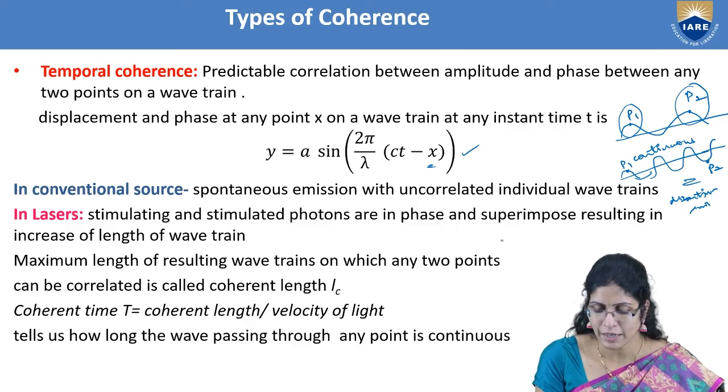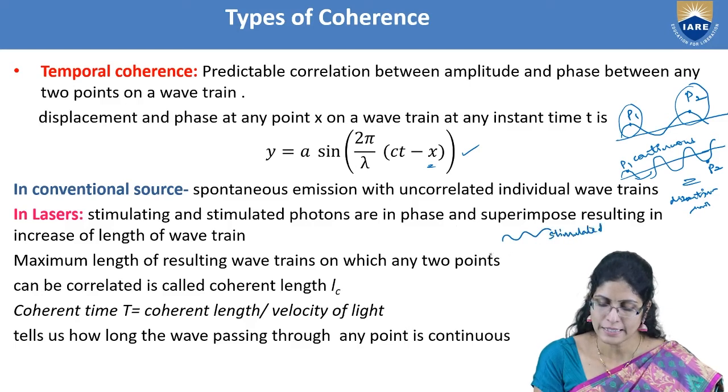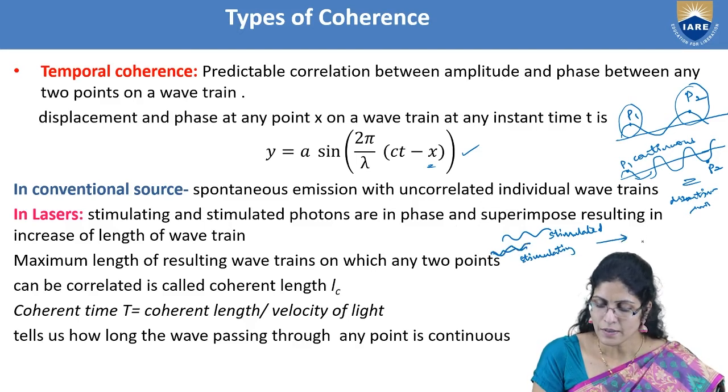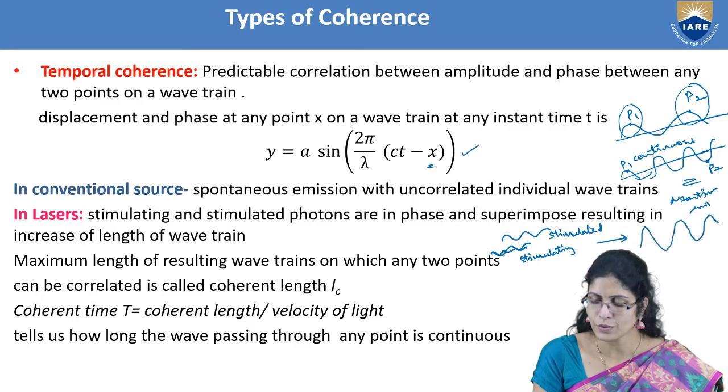For example, say this is a stimulated photon, and you are again getting a stimulating photon. If you see the resultant, you will see an increase in the amplitude and even the length.